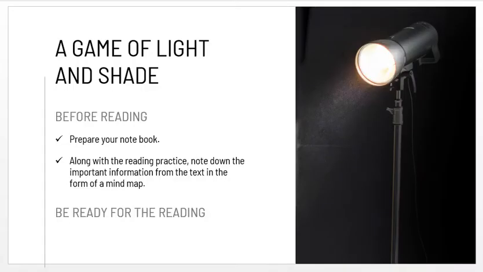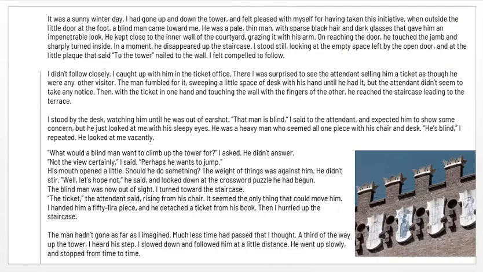Then, along with the reading practice, note down the important information from the text in the form of mind map, so that later when we have the reading comprehensions test, you already have something to look at, or you already have your note. Okay, now let's start with the reading text.